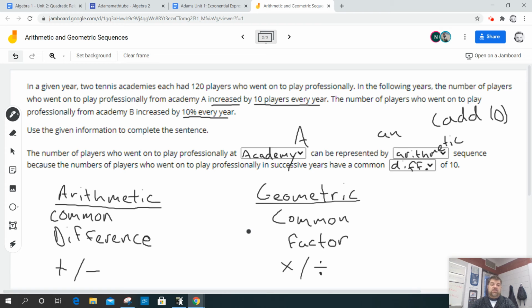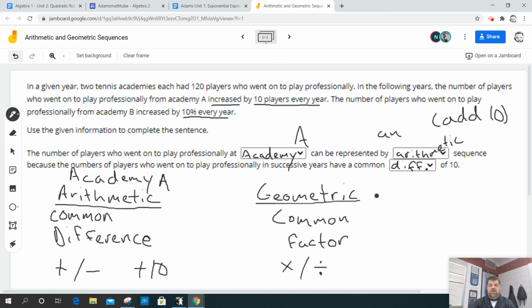So let's talk about this. Academy A, I'm really over teaching this, but Academy A is going to have a common difference. We're adding 10.